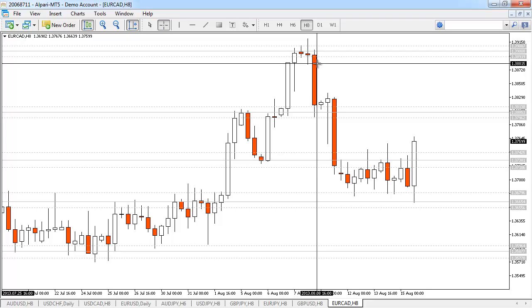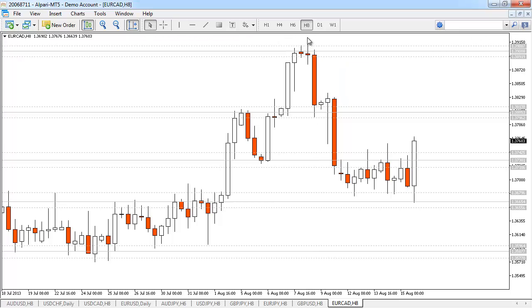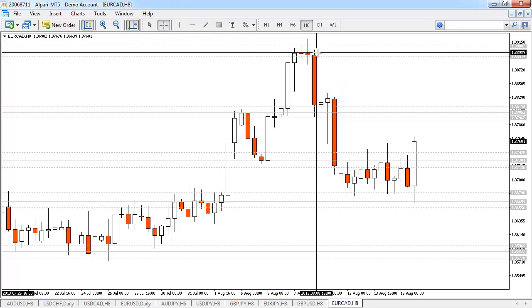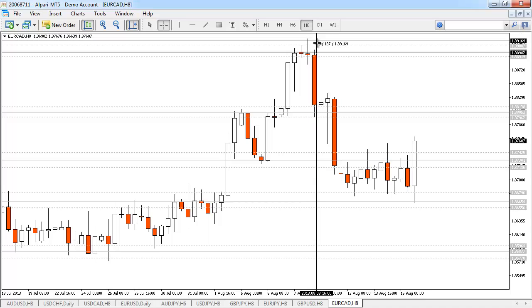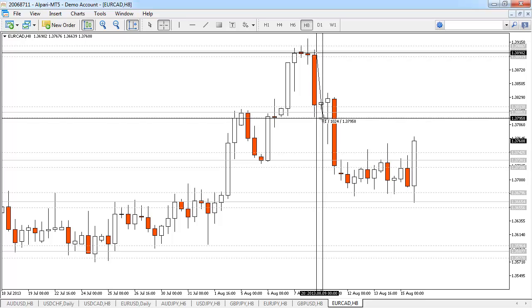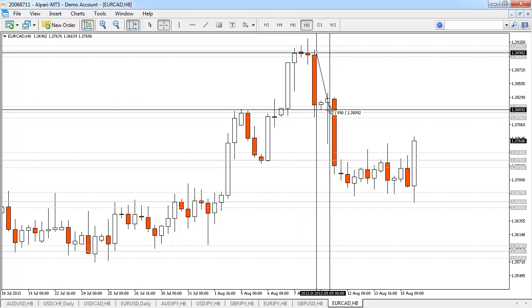It dropped down a fair way, and then it was entered on a retrace back up to here, and it came up to here, but it didn't hit the stop loss. The stop loss was around about 30 pips. It didn't hit the stop loss before it came down, and it met its first target at around about 90-ish pips.